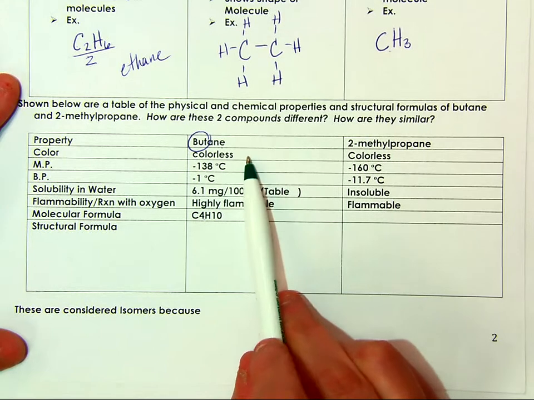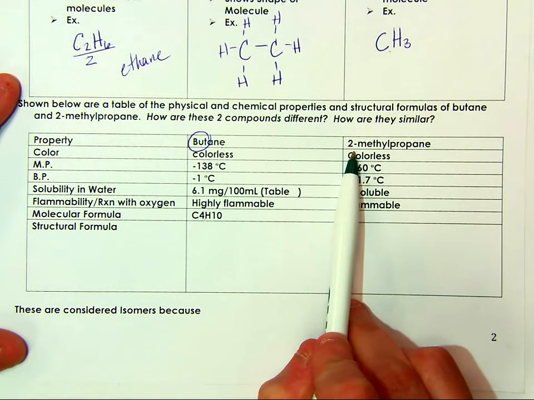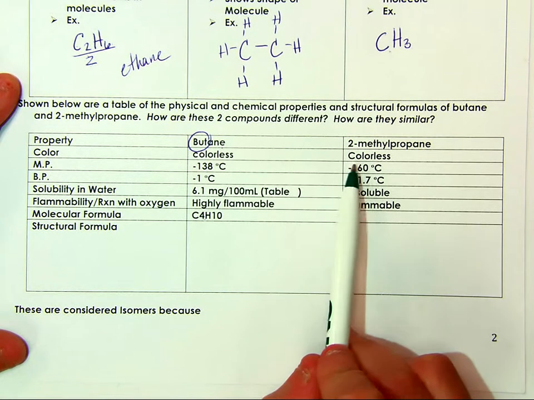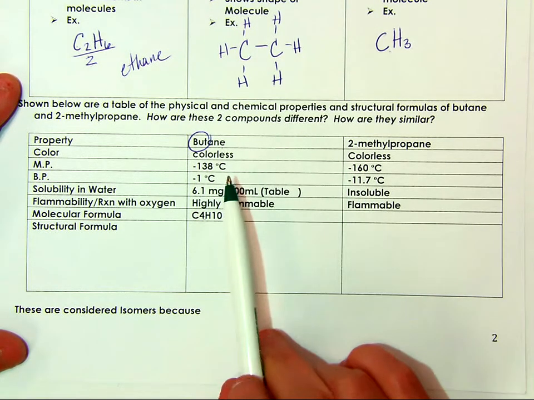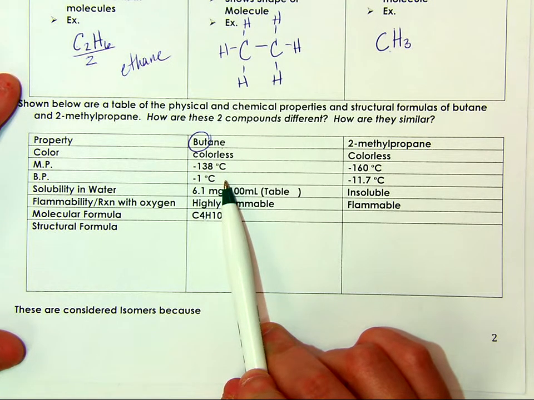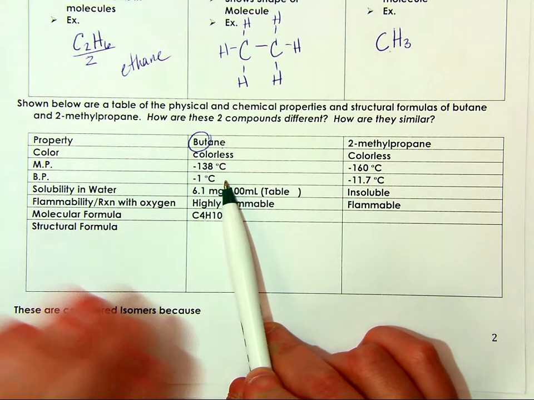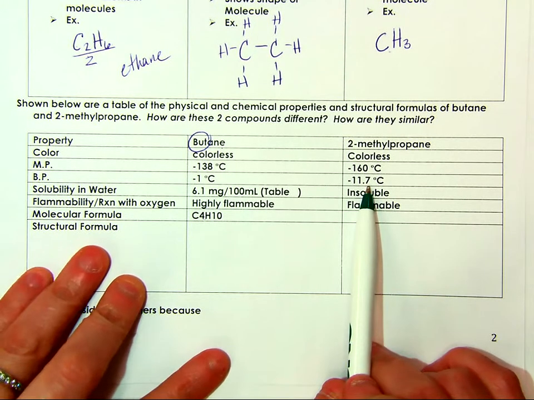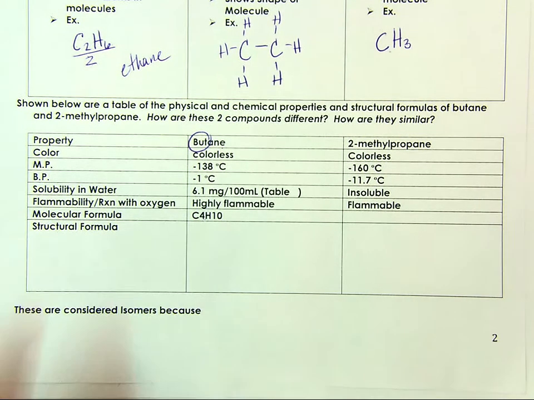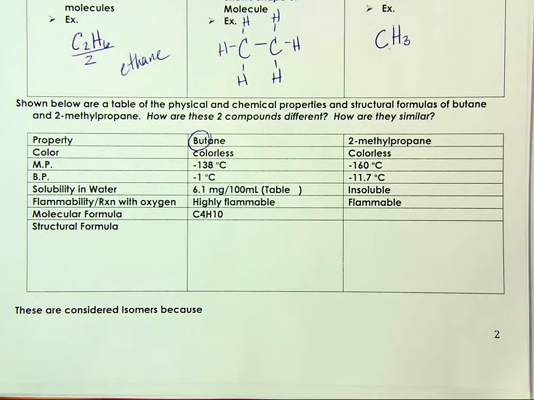We have a colorless substance that has a melting point of negative 138, and this one pretty close, negative 160. The boiling point of butane is close to 0 degrees Celsius, which is the temperature that water freezes. 2-methylpropane is a little bit lower than that. Solubility in water: why is this important? This is making you look back at your reference tables and see why this matters.